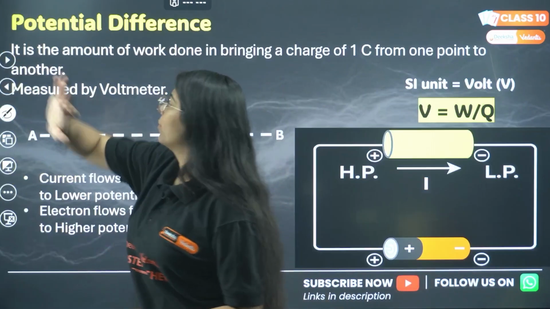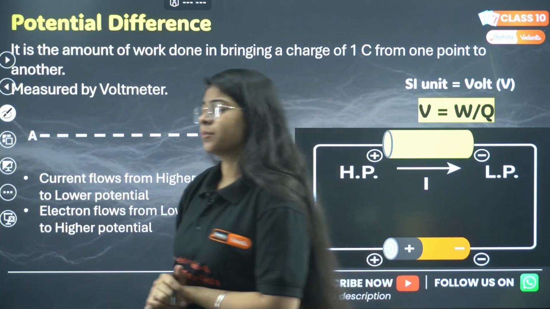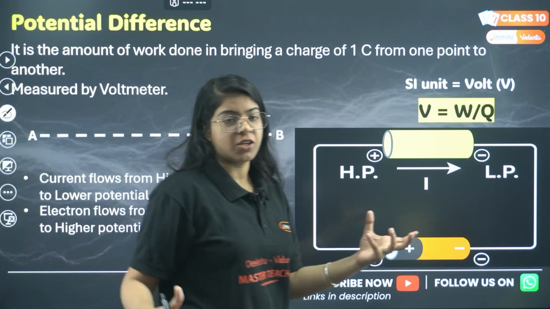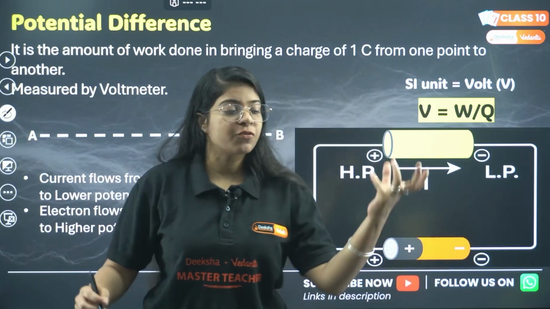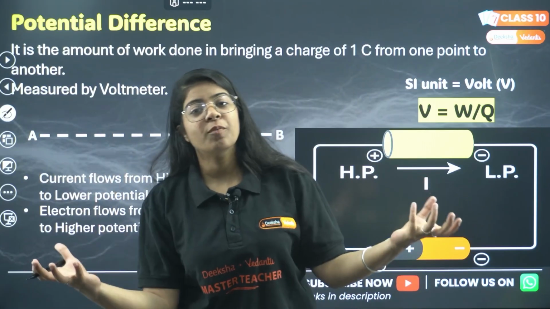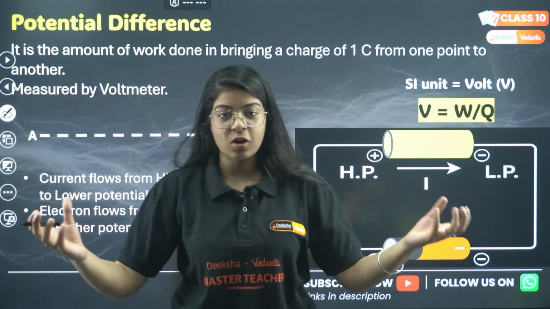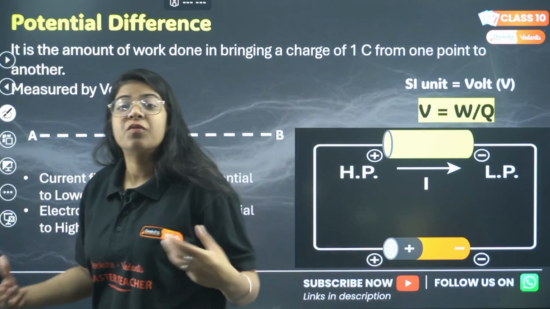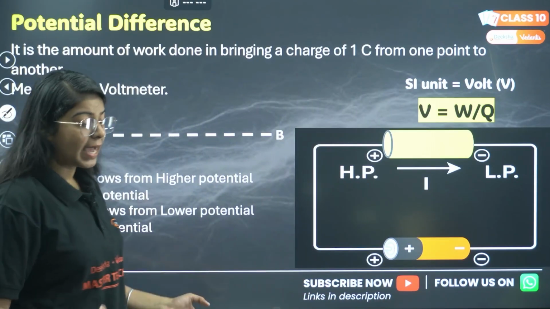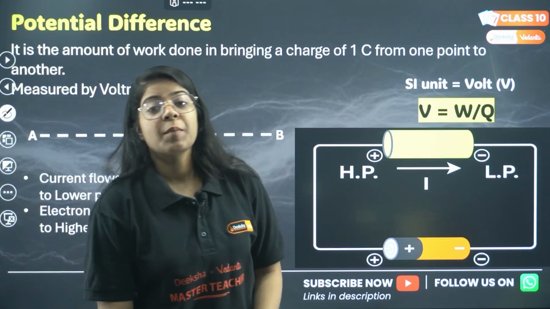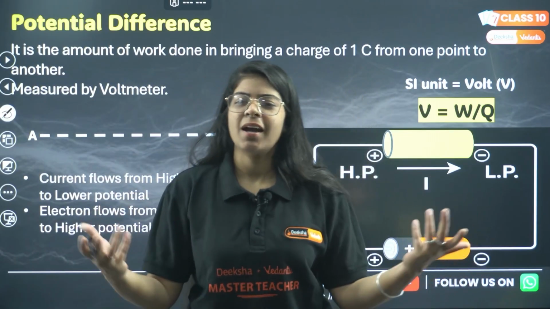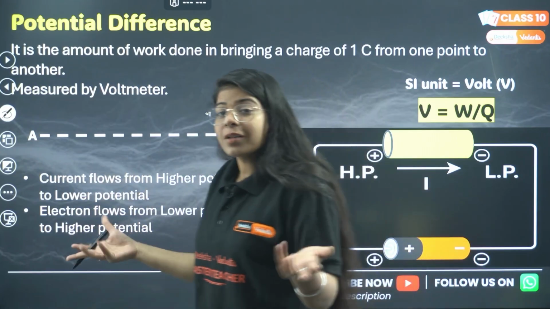Okay, next is potential difference. Let's say I have a plus Q charge and I want to bring that charge from my left hand to my right hand. So it has to cover this distance, let's say L. The amount of work that I have to do to take this charge from one place to the other is called potential difference.